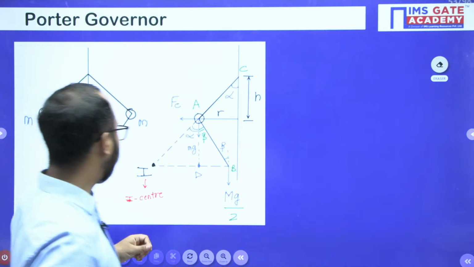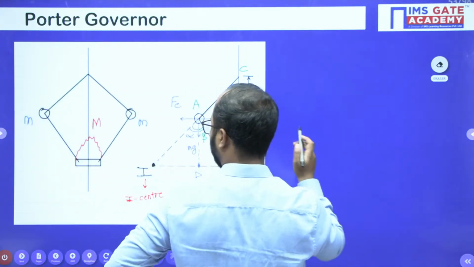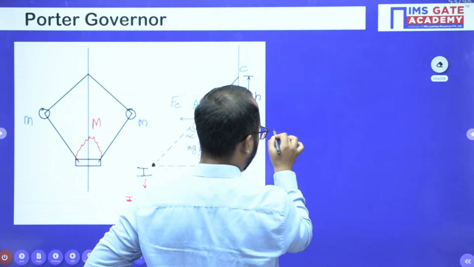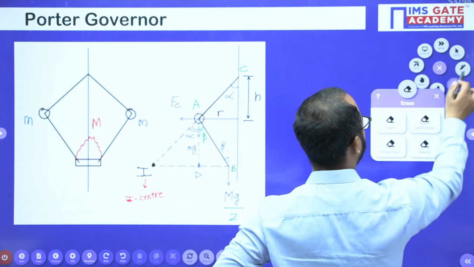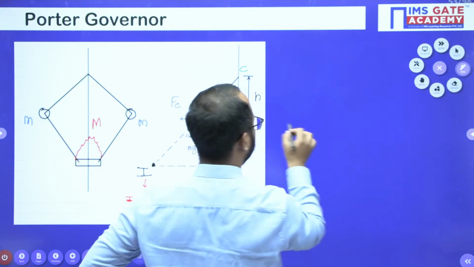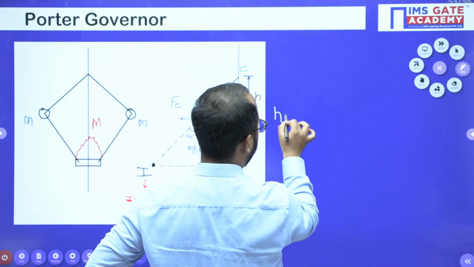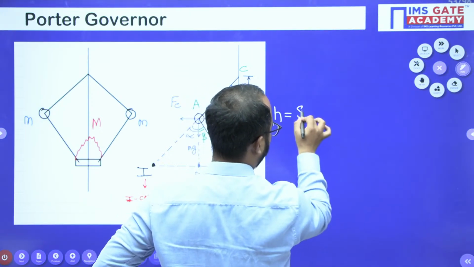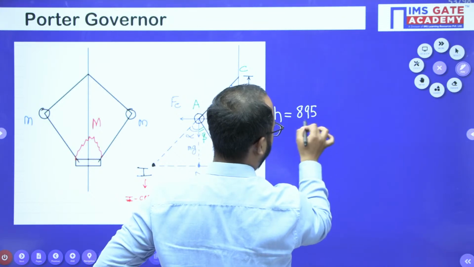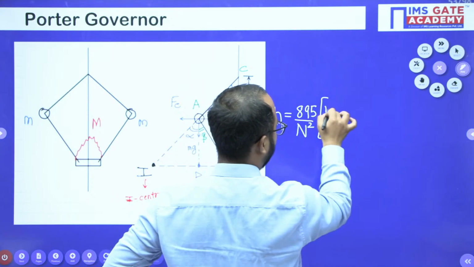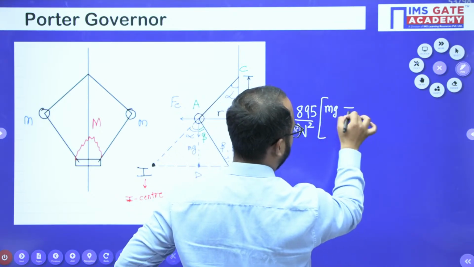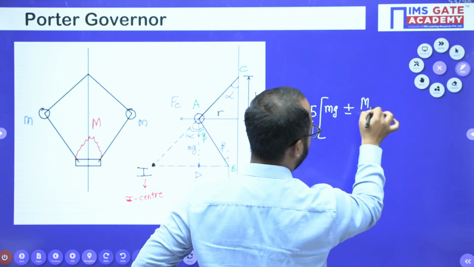Okay, what advantage will you get? Tell me, everyone. In the meanwhile I will write the formula here. See, H equals 895 by N square, brackets small mg plus minus capital Mg.